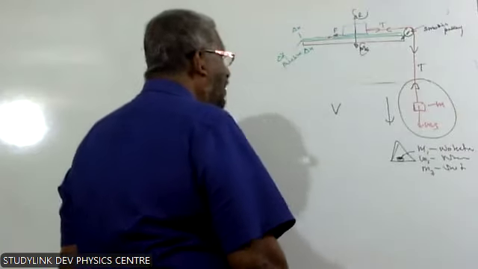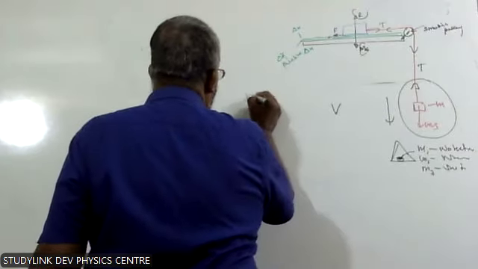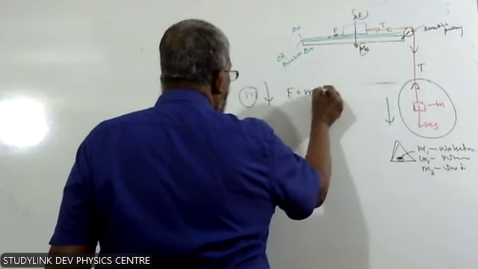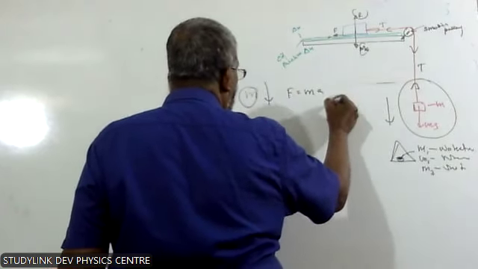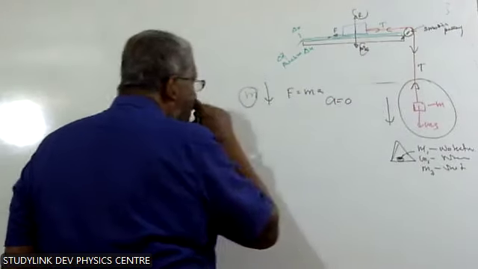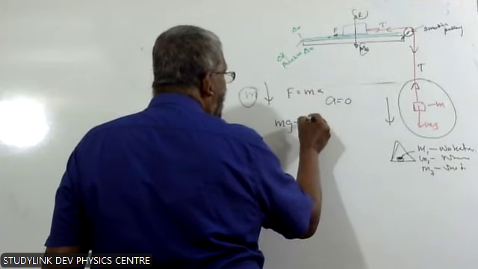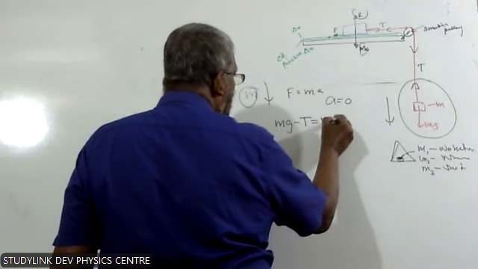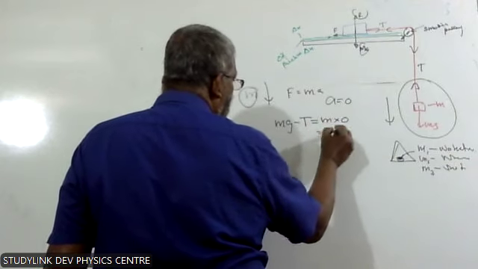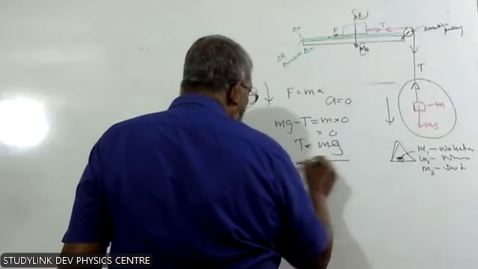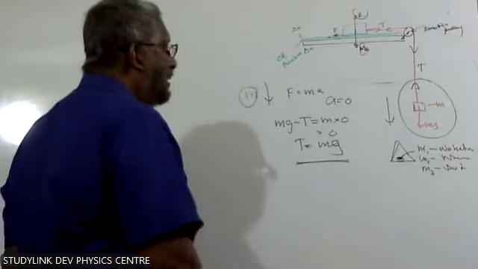So for the small mass m, downwards, F equals ma. Constant velocity, no? So therefore, a is 0. Then the force downwards, mg minus T is equal to m into 0. So that means T is equal to mg. Very precisely and clearly I am giving this.